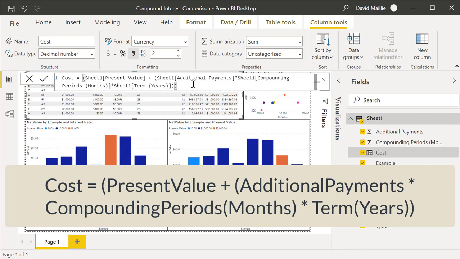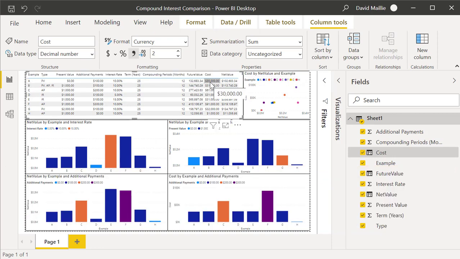So cost is, we just took the sheet 1 present value plus sheet 1 additional payments times the compounding periods, times the term. That's all we have there. So see, this plus the additional payments times the compounding periods and sheet 1 terms. Make sure these are all within the correct parentheses here, especially this part right here. Okay, then once you have that in there, you get this, and on top of that we have the net value.